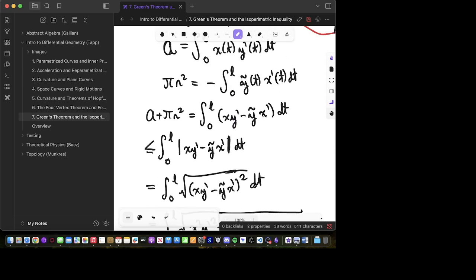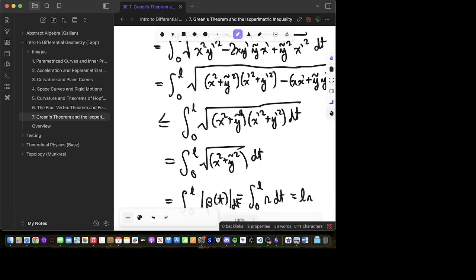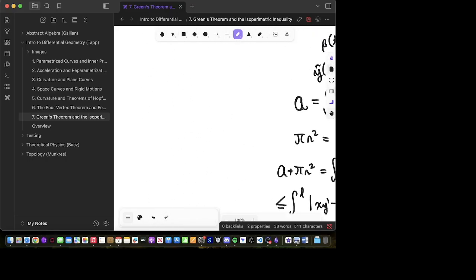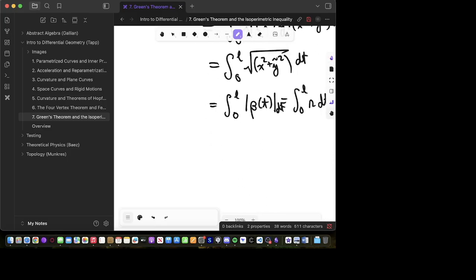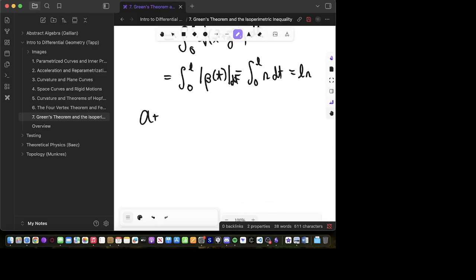So A plus pi r squared is less than or equal to LR.